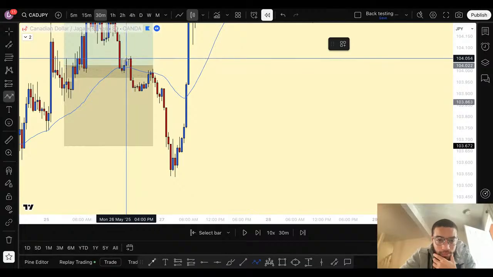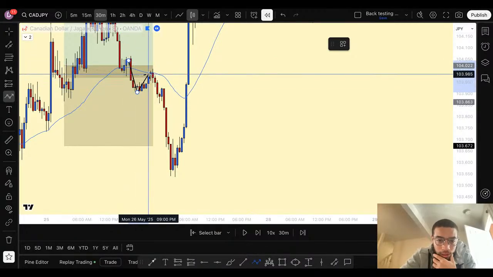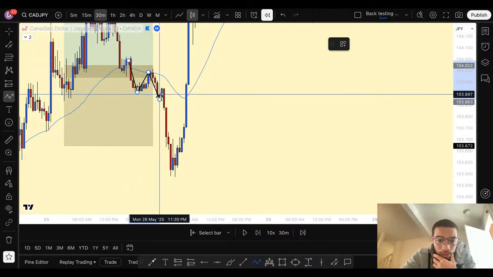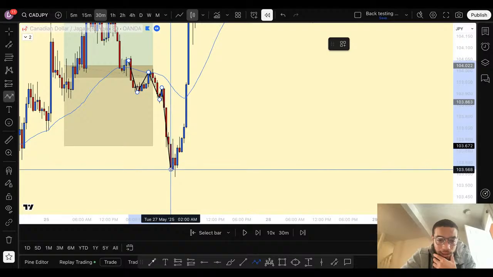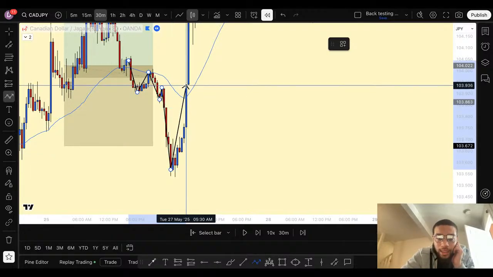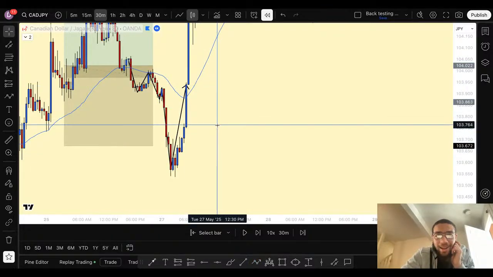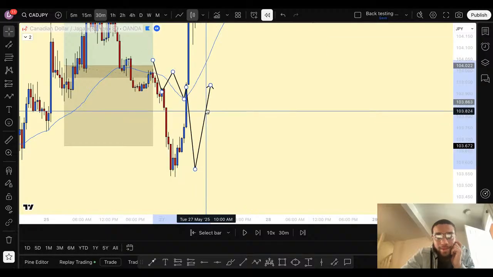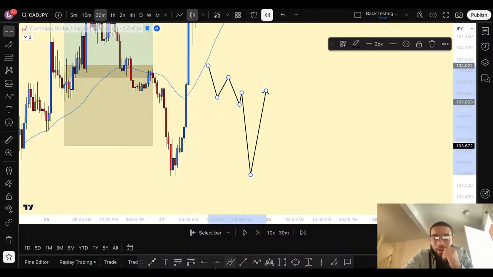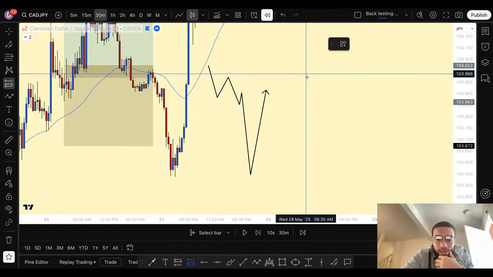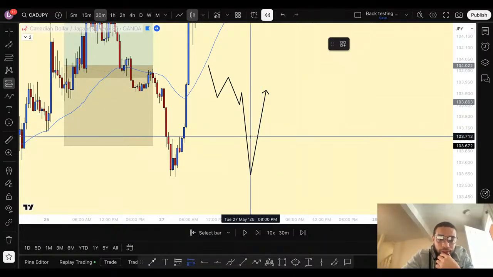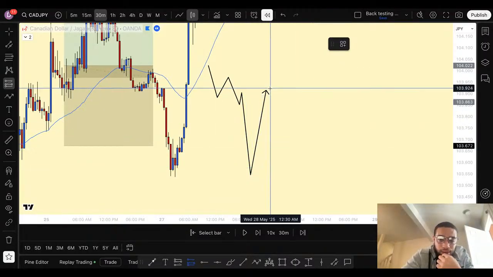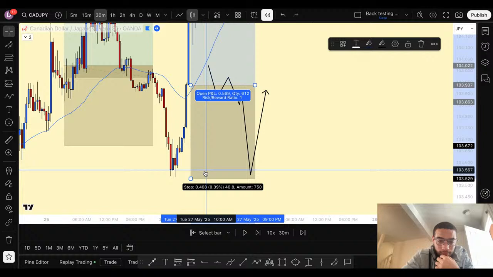I can see it. Lower low, lower high. Lower low, lower high. Lower low, higher high. Boom. This is your entry confirmation that this is your entry point, right?